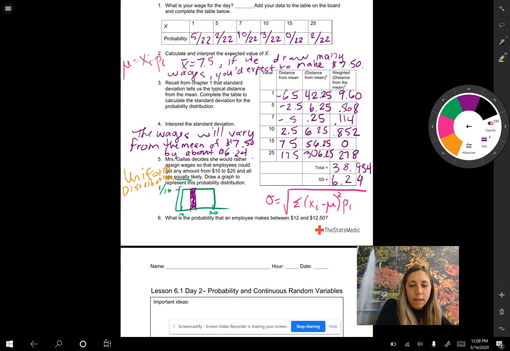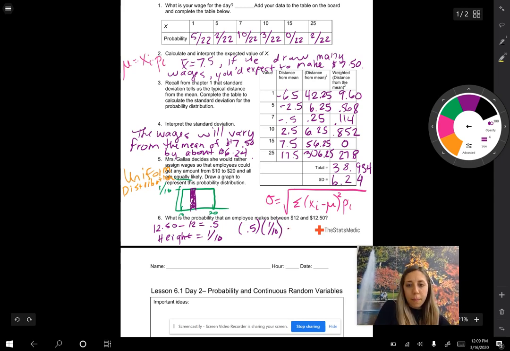The width here would be $12.50 minus $12, which is 50 cents. And the height is 1/10. So if we take 0.5 times 1/10, you get 0.05, which would be your probability of an employee making between $12 and $12.50.